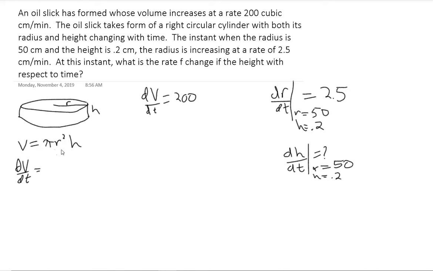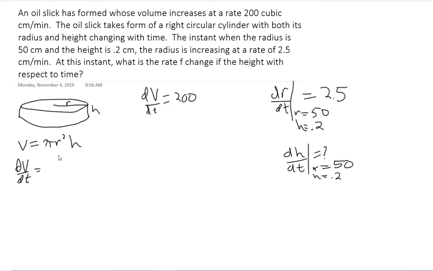This part is what confuses a lot of people, so I'm going to explain it and go through it pretty slowly. In this equation, pi r squared h, there are two variables that are always changing, r and h. So think of them as different variables.